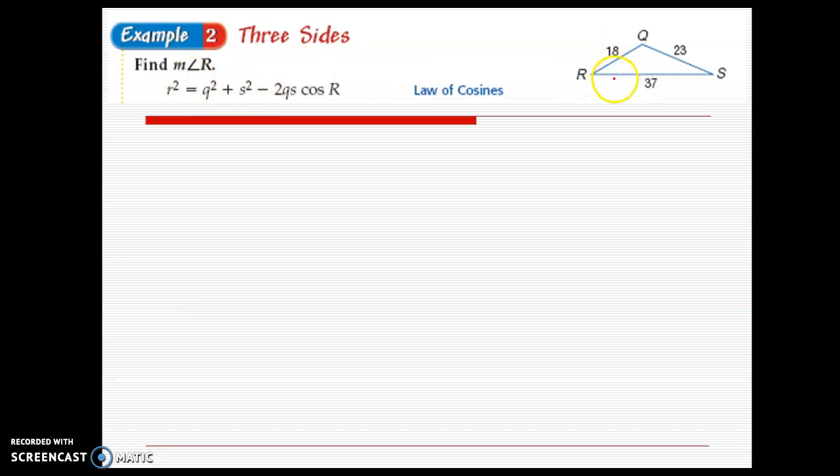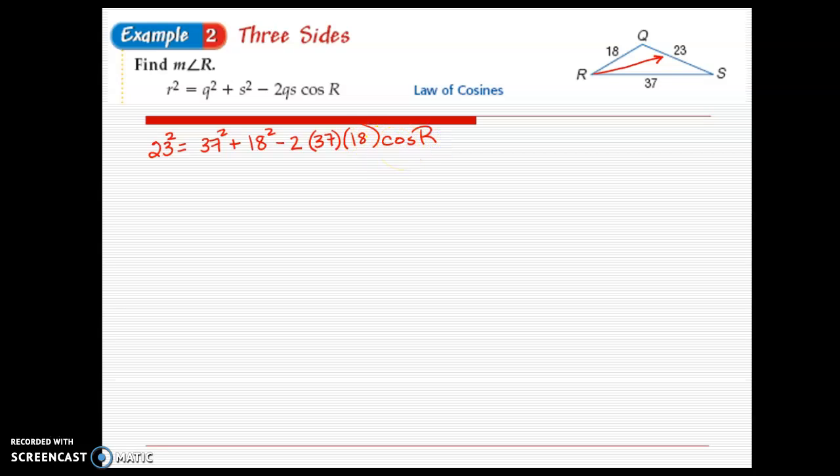Find the measure of R. Okay. So we've got all 3 sides right here. And R's opposite is the 23. So you're going to have 23 squared equals Q squared, which is 37 squared, plus 18 squared, minus 2 times 37 times 18, matches right back up here, with the cosine of R. That's your unknown.